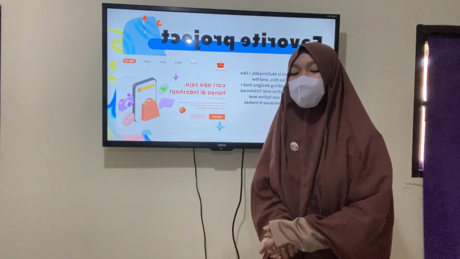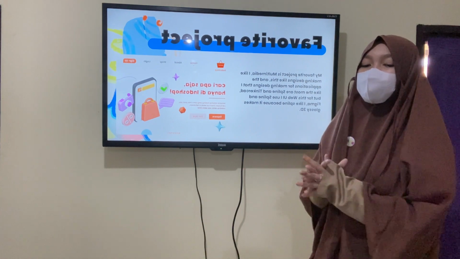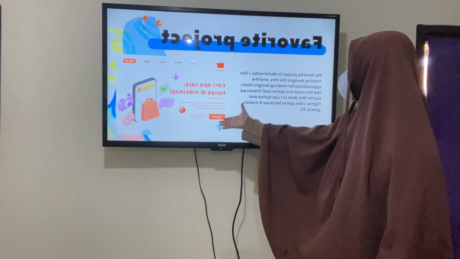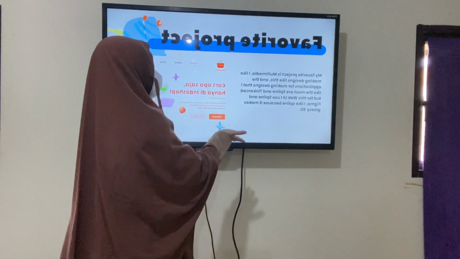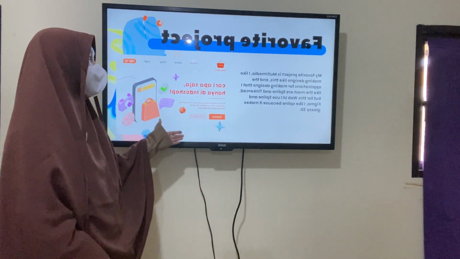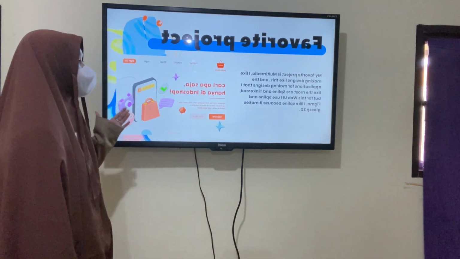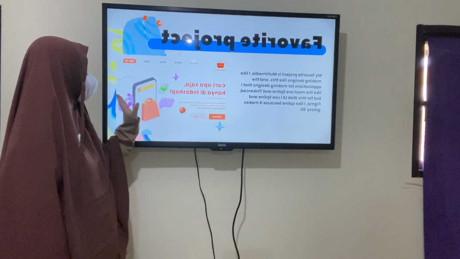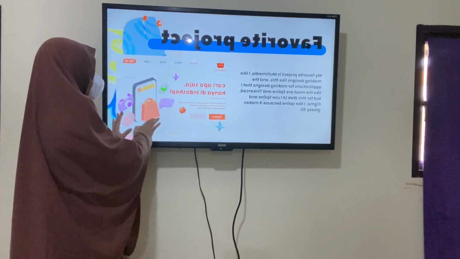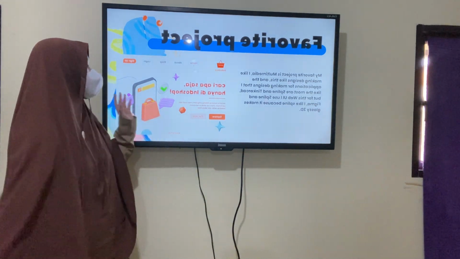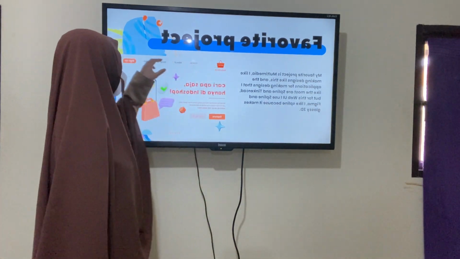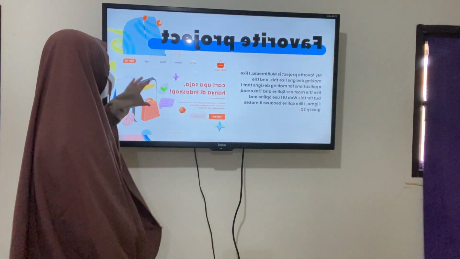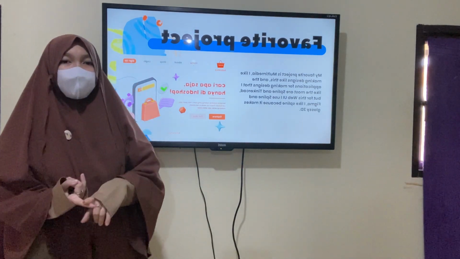Okay, and the last, favorite subject. My favorite subject is multimedia. I like making designs like this, and the applications for making design that I like the most are Spline and Tinkercad. But for this web UI, I use Spline and Figma. I make the 3D object in Spline, and then I make the UI in Figma.